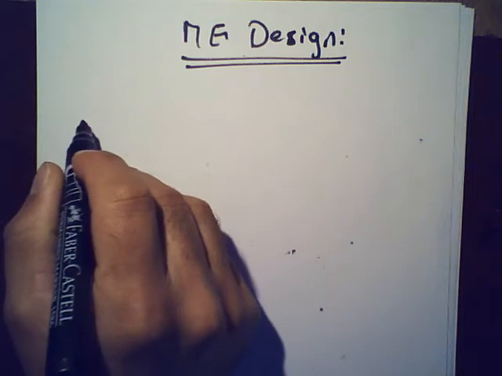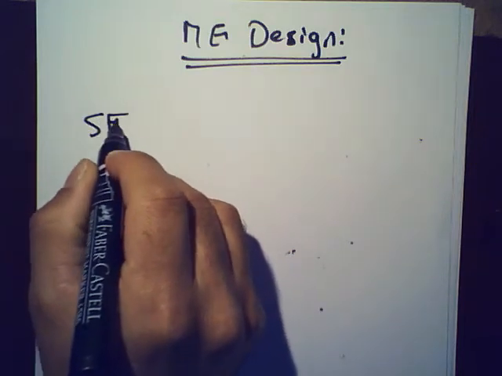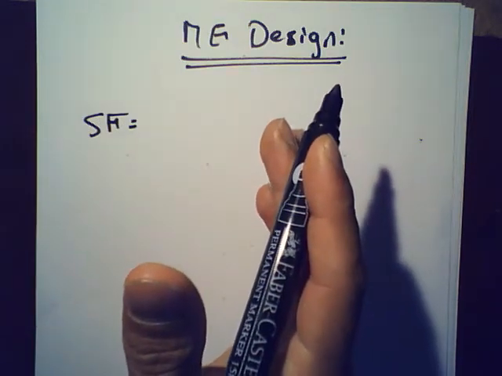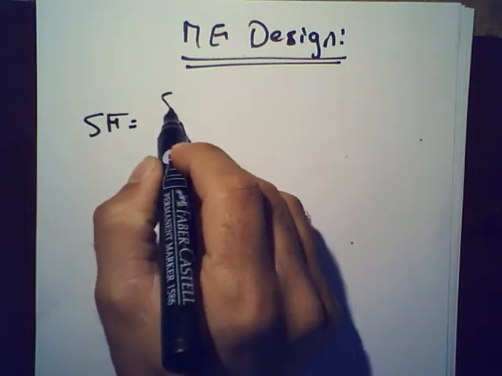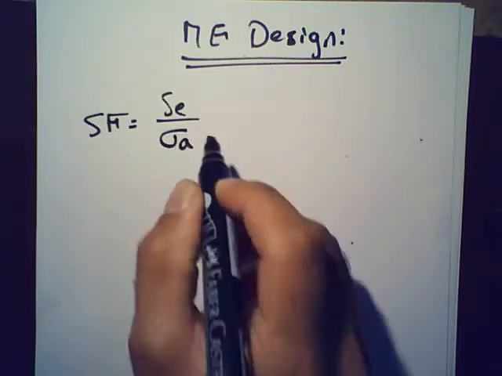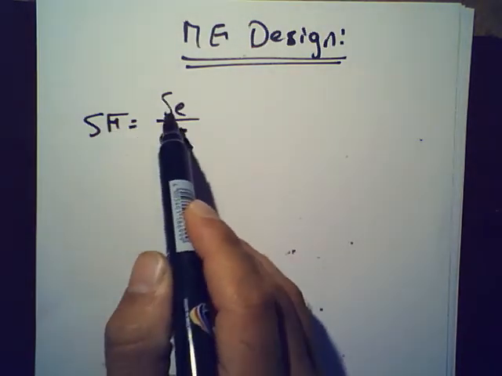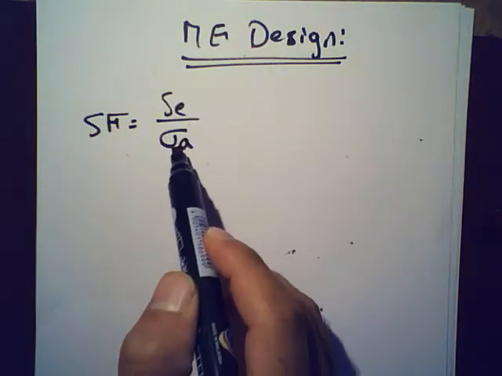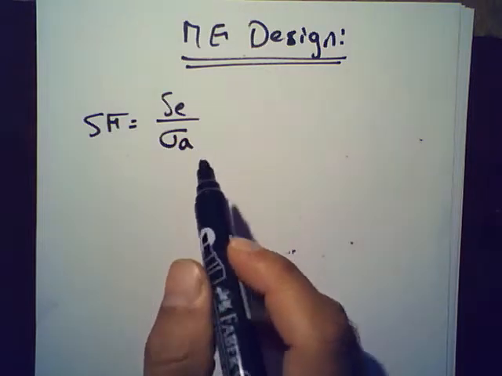If you remember, the safety factor in the case of fatigue failure, in the case of a purely cyclic load, we said the safety factor was equal to SE over sigma A, which is your alternating stress.